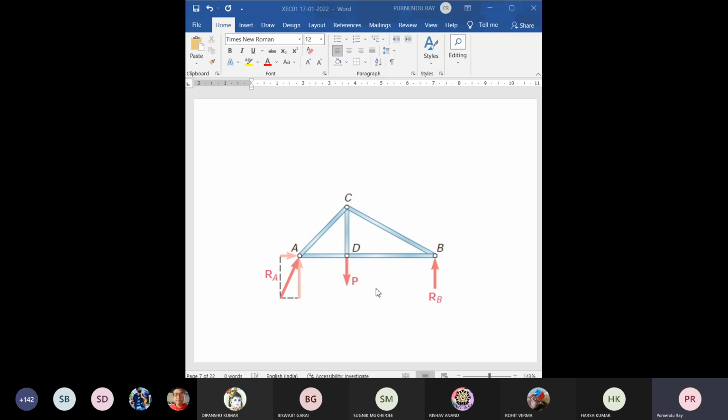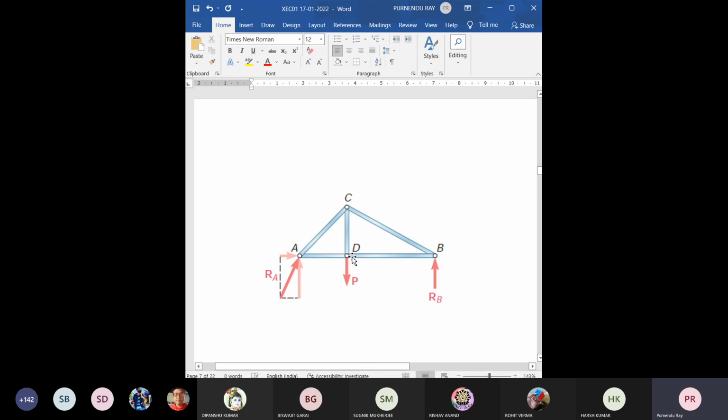So this situation is a very simple one. Now these ends are the connection of two or more members, not rigidly. Simply these are pins so that free rotation is allowed, and forces are applied at the joints only.